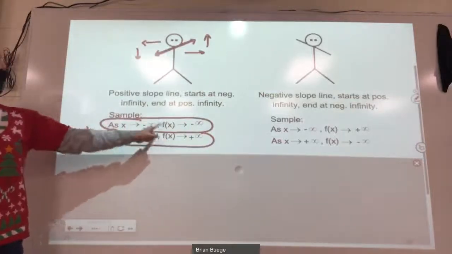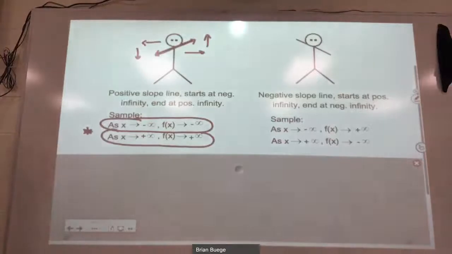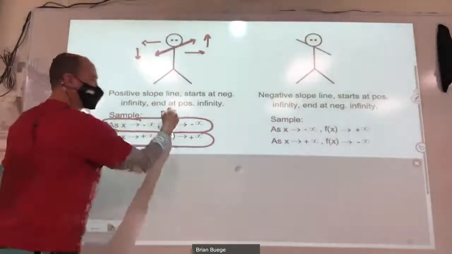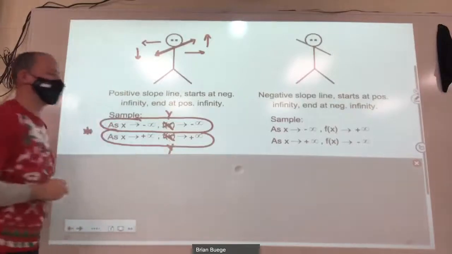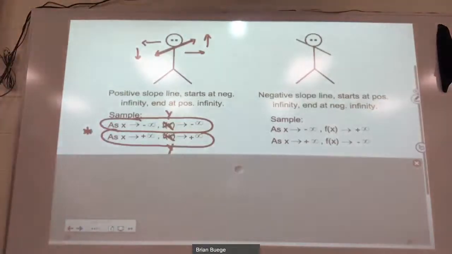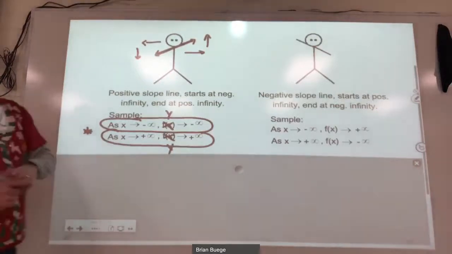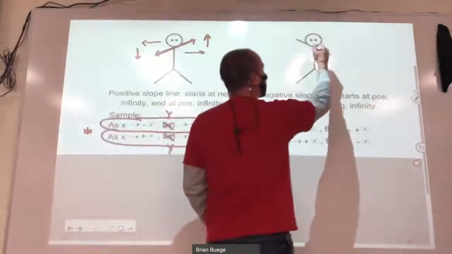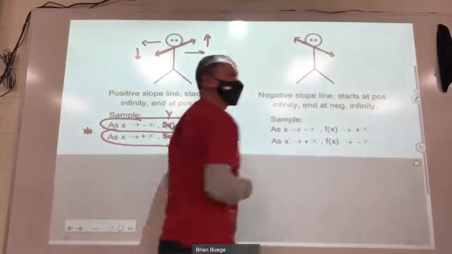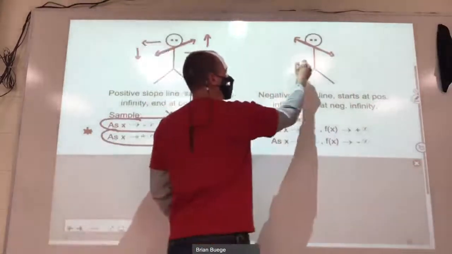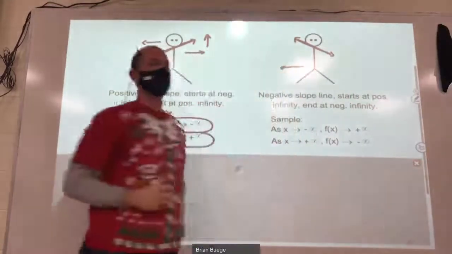You don't necessarily have to use the f of x notation. Instead of putting that in here, you can put this as y. We don't have to worry about that for now. We'll just call that y. As x goes to negative infinity, y goes to negative infinity. We are decreasing. If we take a look at this one, for example, if this is my line, if I were going to graph that, as x is going to negative infinity, where's that line going?